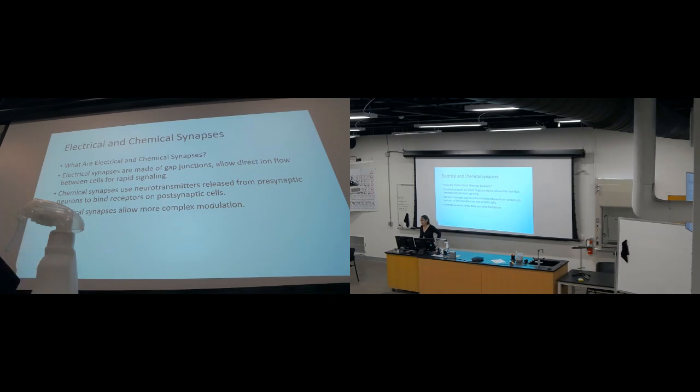Now we have different types of synapses, ones that are chemical and other ones that are electrical. In electrical synapses, you transfer ions directly in between cells using little windows in between the cells that we call the gap junctions. We have gap junctions in muscle cells like smooth muscle cells and also cardiac muscle cells.